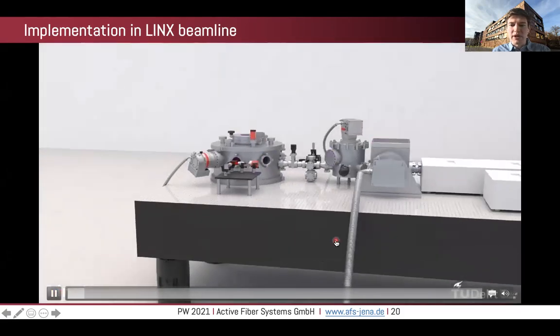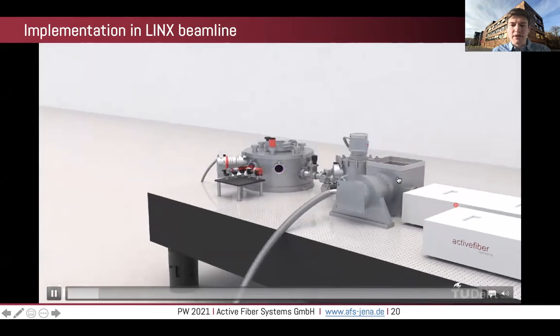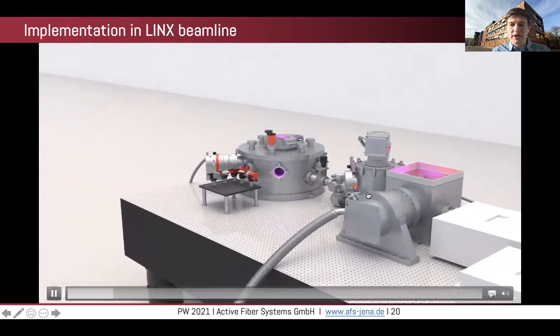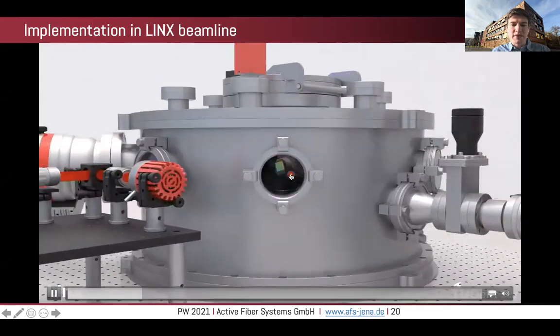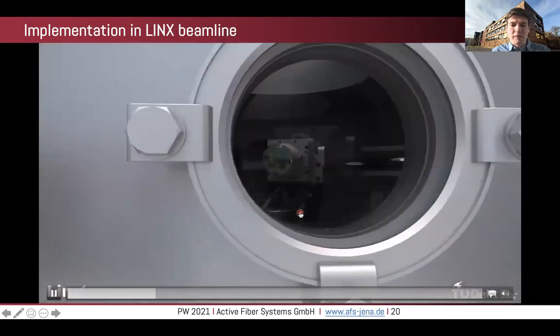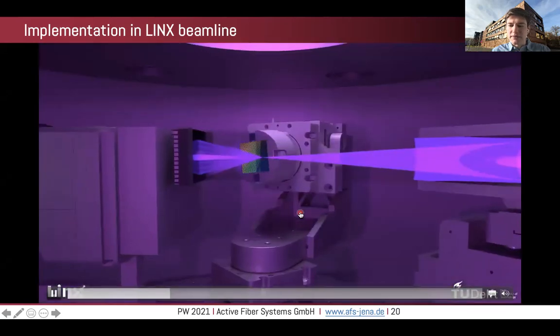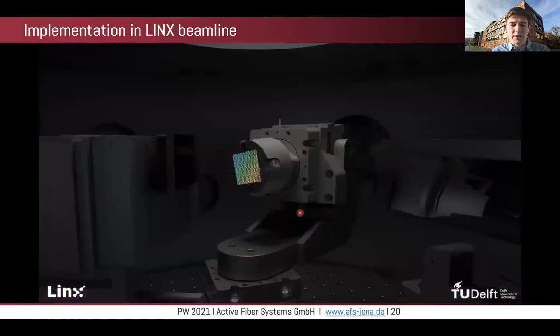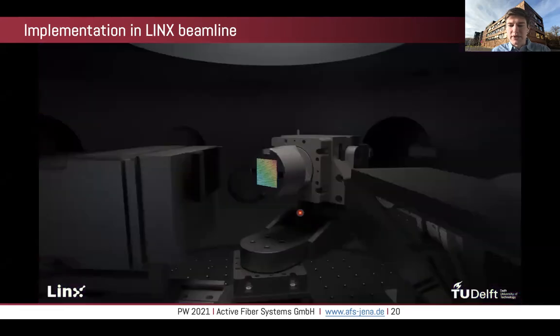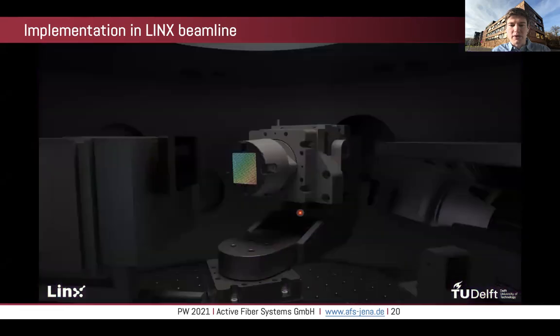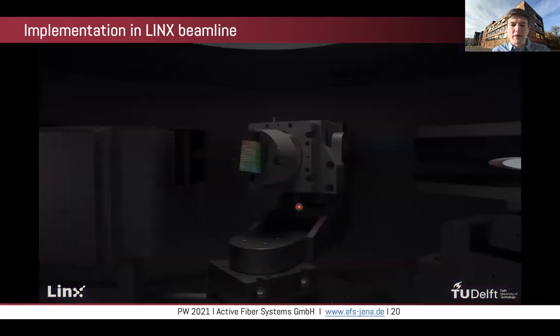This is how it will look. We will have our laser here, our high harmonic generation beamline here, and then it goes to the experiment of the customer, and they plan to do various coherent and other imaging techniques to have a deeper insight into wafers used for lithography and in the semiconductor industry.